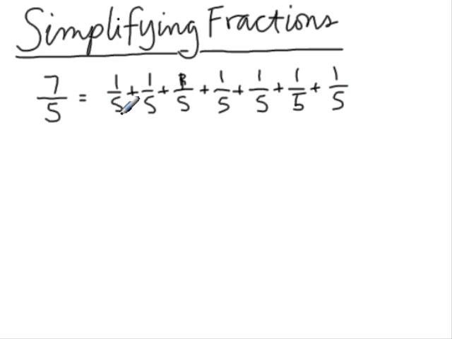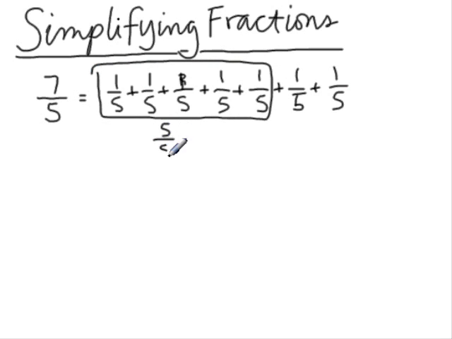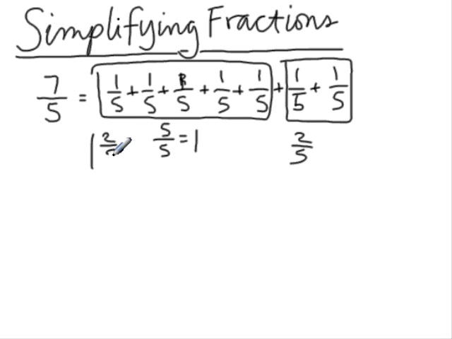We have 7/5. Well, look here. 1, 2, 3, 4, 5. 5/5. 5/5 equals 1. And then we have here 2/5. So 7/5 is actually equal to 1 and 2/5.